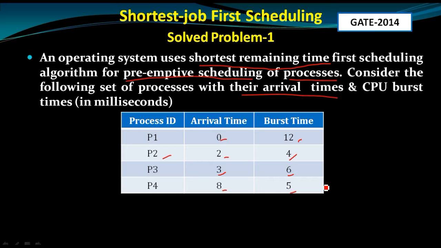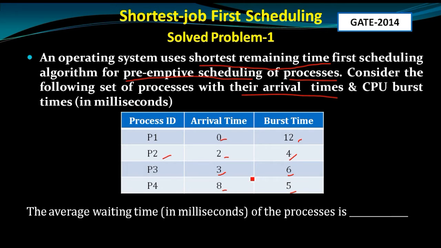So based on this we have to prepare the Gantt chart first and then we can calculate the waiting time, turnaround time, etc. Now they have asked us to calculate the waiting time of the processes. So what would be the waiting time?